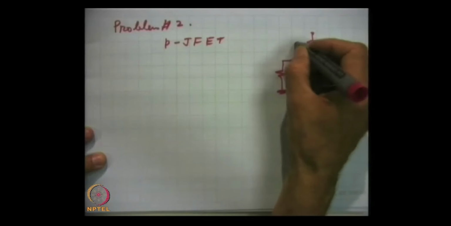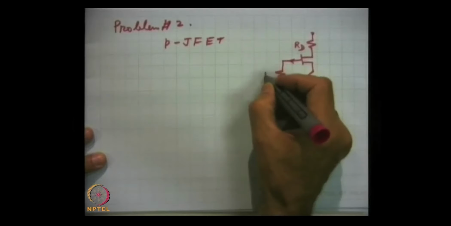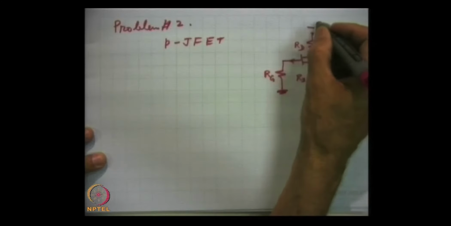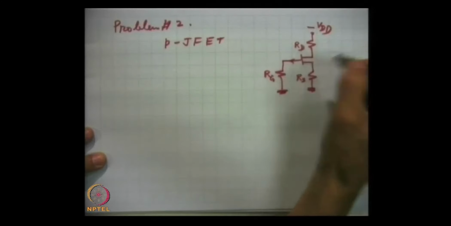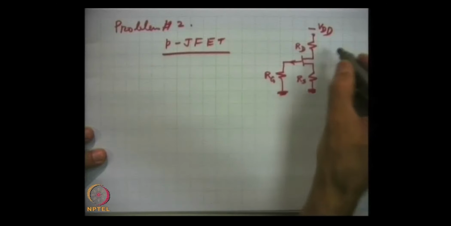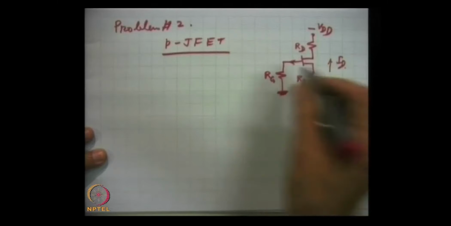This is RD, this is RS, this is RG, and this is minus VDD, because it is a p type junction field effect transistor, and the current flows this way here.